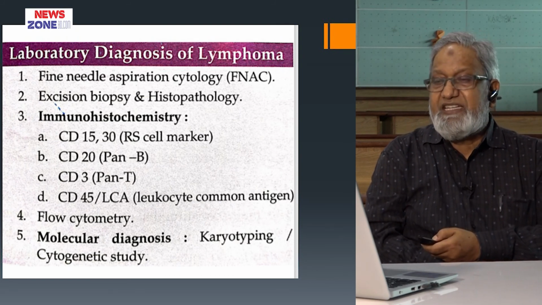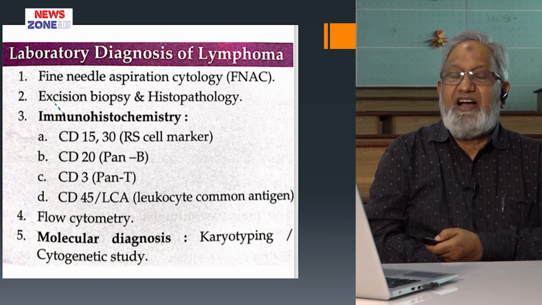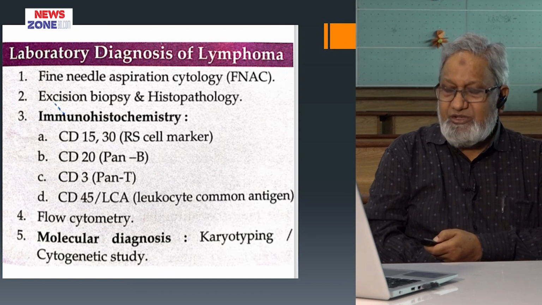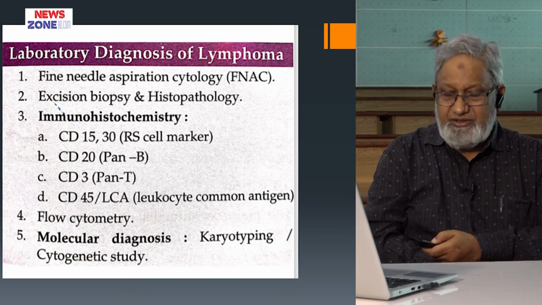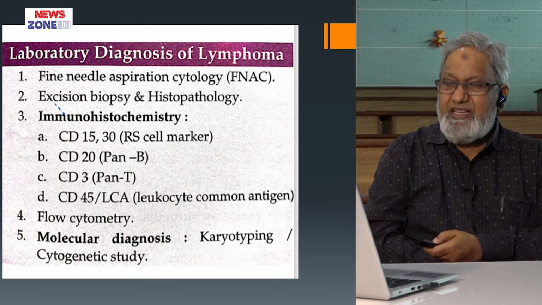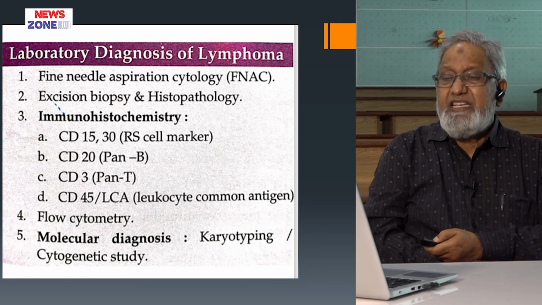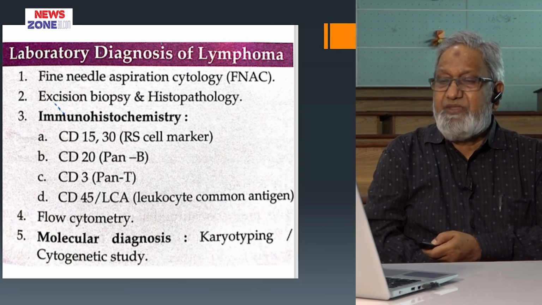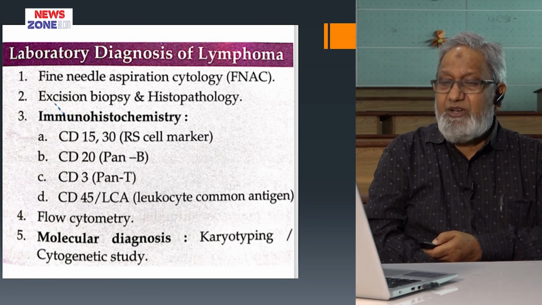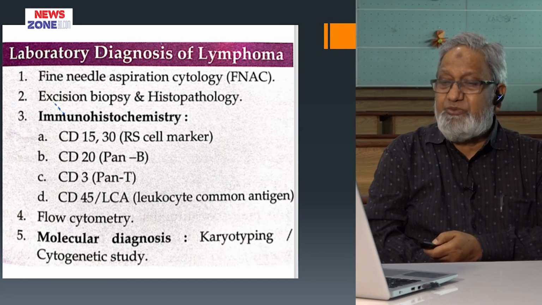If CD15 and CD30 are present, that is positive for Reed-Sternberg cells, so it is not a non-Hodgkin's lymphoma, it is a Hodgkin's lymphoma. If CD20 is present, it is a B cell lymphoma; if CD3 is present, that is a T cell lymphoma. If CD45 or LCA, the leukocyte common antigen, is present, then it is not a primary tumor.